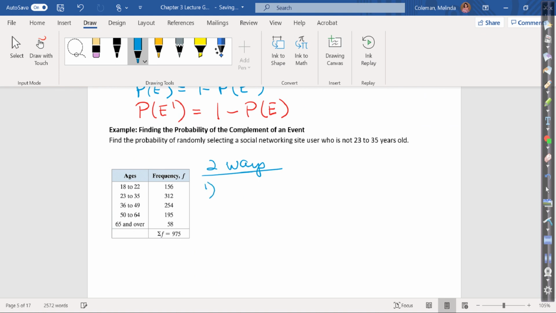So the first way would be to say, what's the probability that they are 18 to 22 plus the probability that the person is 36 to 49 plus the probability that they are 50 to 64 plus the probability they are over 65. So they are greater than 65.